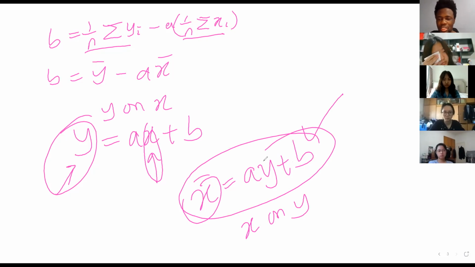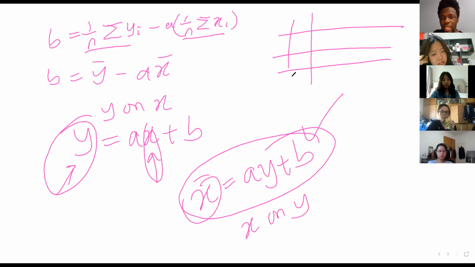It doesn't mean that when you have the regression line X against Y, only Y will always be given. No, X could be given to predict Y. But you have used the data that was available, the data in your bivariate table, to generate a model.